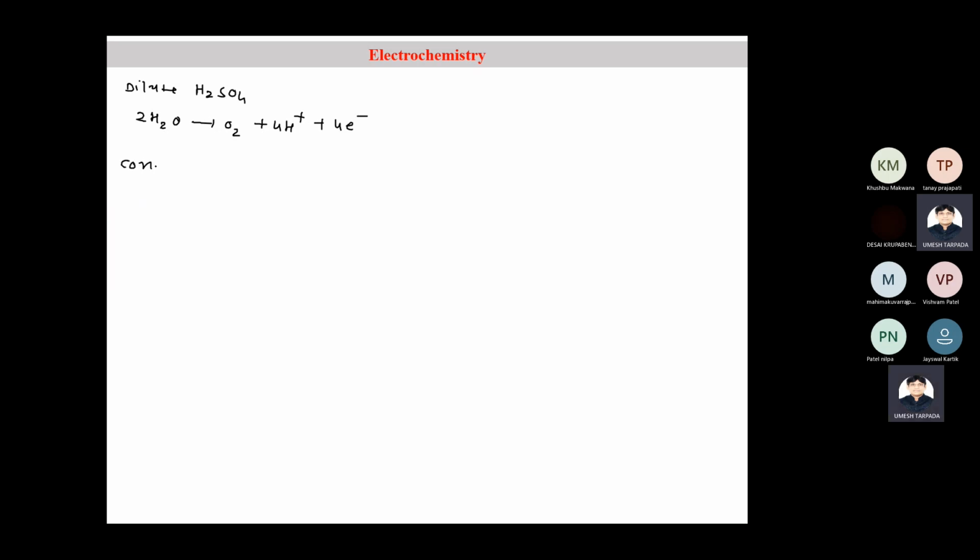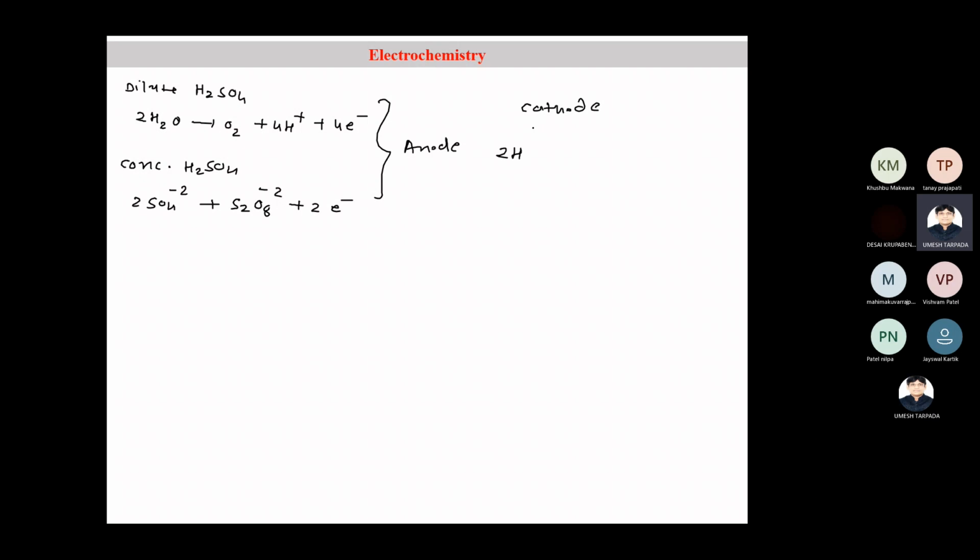But in the case of concentrated H2SO4, SO4 negative ion may undergo oxidation to give S2O8 minus 2 plus 2 electron. These are the reactions taking place at anode. At cathode, it's a very common reaction, that is 2H plus may undergo reduction to give H2.